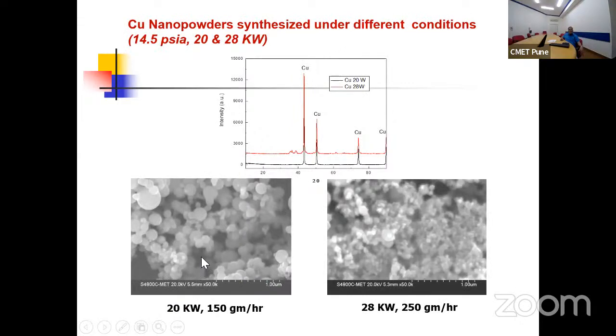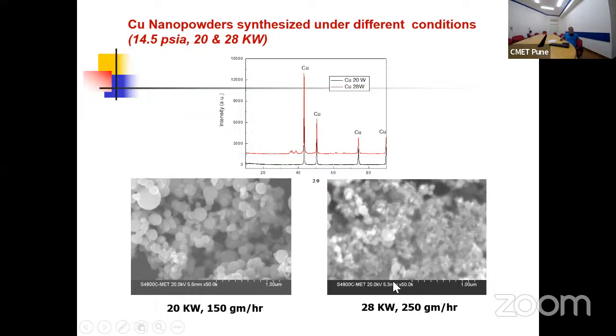These are the copper nanopowders synthesized at different wattage. This is at 20 kilowatt, we synthesized at the rate of 150 grams per hour, and then at 28 kilowatt, 250 grams per hour. One can see here most of the particles are in the nanometer range.